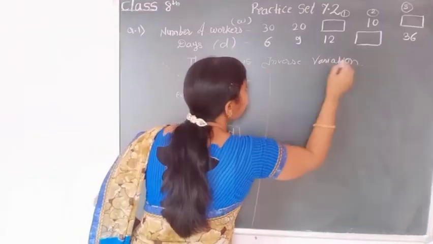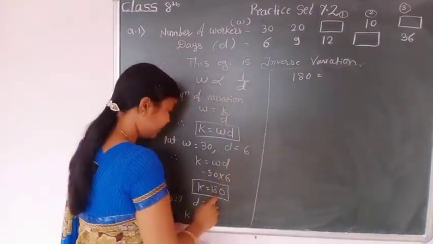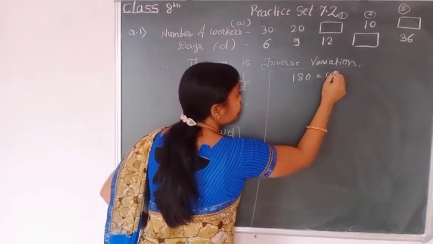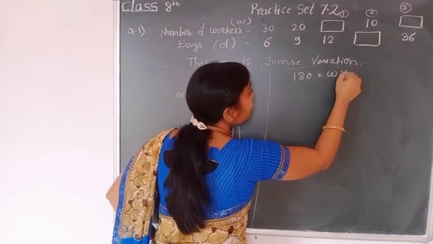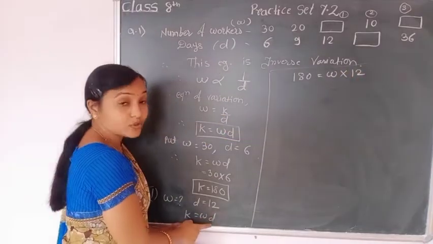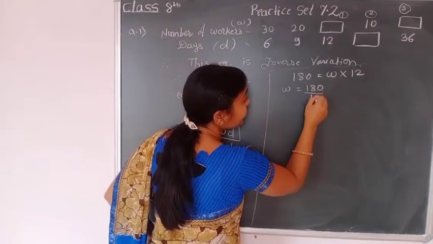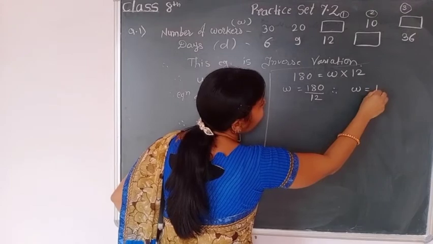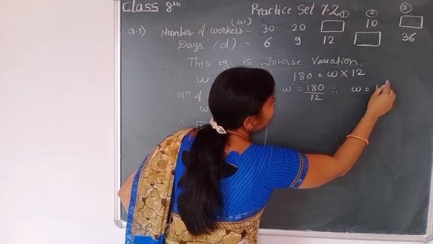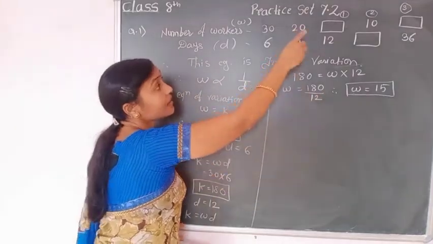Put the value: k 180 equal to W, which we don't know, times D, which is 12. Put 12 in the place of D. W equal to 180 divided by 12, and therefore W equal to 12 ones are 12, 12 fives are 60. So the number of workers is 15.